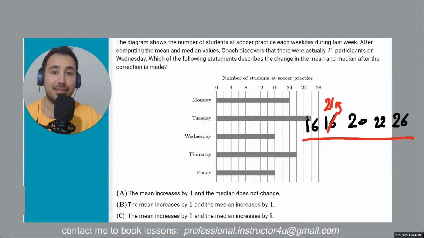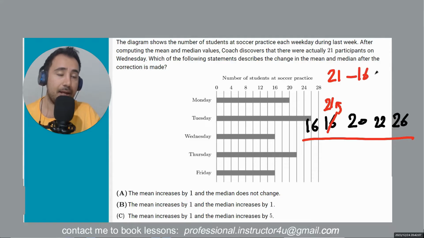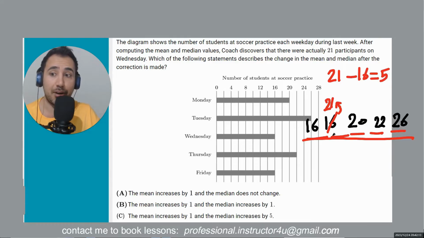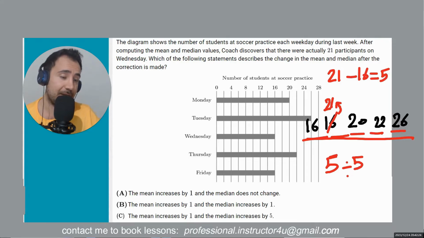Now, how much did the average increase? 21 minus 16 is 5, yeah? And this 5 was for 5 numbers, not for one number. When all of them increased, the sum increased by 5, and this 5 is going to be divided by all the 5 numbers. So actually the average only increased by 1.